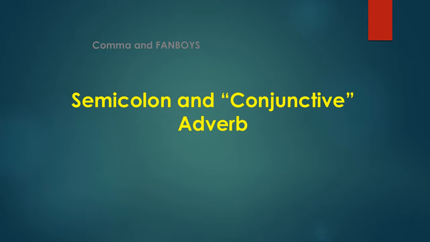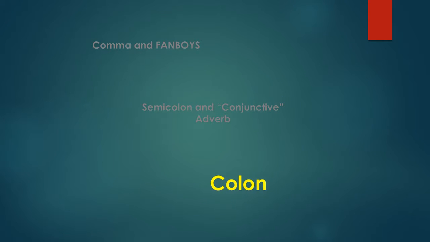The idea is you are joining things using an adverb like however, otherwise, consequently, those types of words, and there's a long list of them. And the third option is the colon, which is, I think, less confusing and fewer people had problems with it on the test, but it deserves recognition as an option for joining sentences.